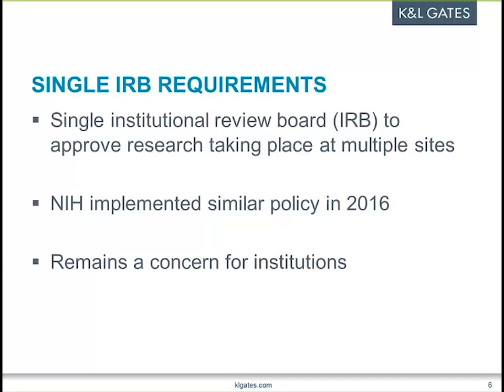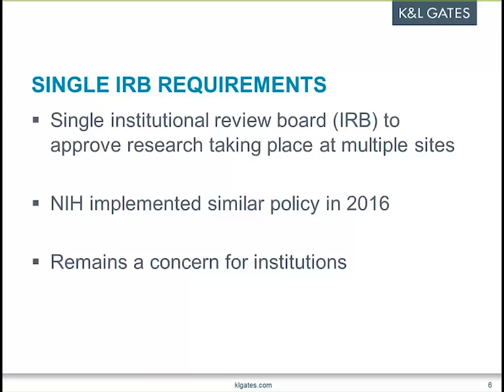Moving on to single IRB requirements, the final rule maintains the proposal that requires a single IRB to approve research taking place at multiple sites. The National Institutes of Health, or NIH, implemented a similar requirement last year.